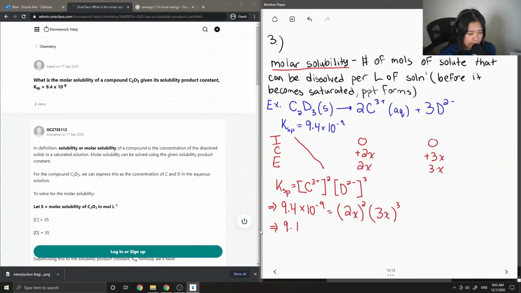Okay, so we can simplify this in order to make it easy for us to solve. So it's going to be 4 times 27, so 108x. And then when you multiply exponents, you just add the values together, so you get x to the power of 5.